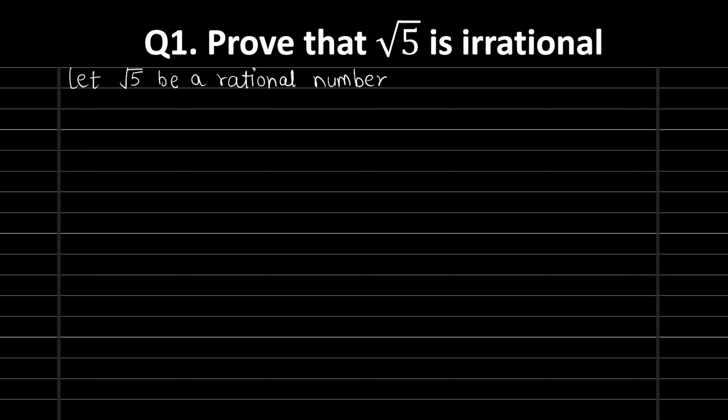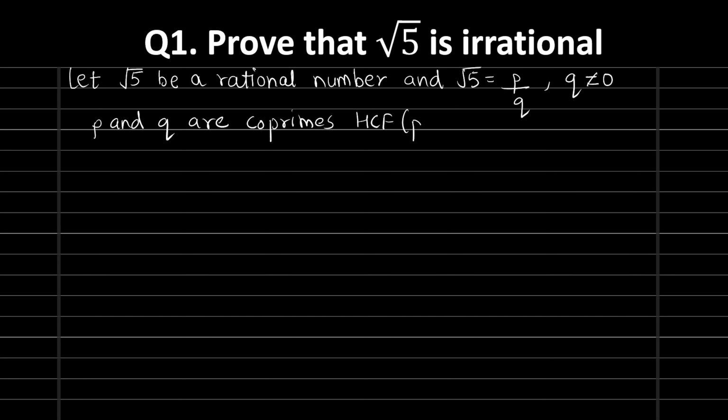So definitely we can write down root 5 in the form of p by q, and we can write down root 5 equals p upon q, where q is not equal to 0. Also the conditions are p and q are co-primes, which means the highest common factor, or we can say the HCF of p and q is equal to 1.